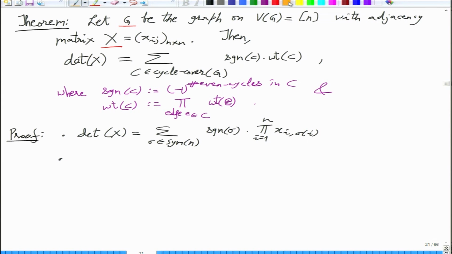Now, this thing, I want to write this as the weight of C, the weight of some cycle cover. I want to associate those two, so consider the cycle decomposition of sigma.